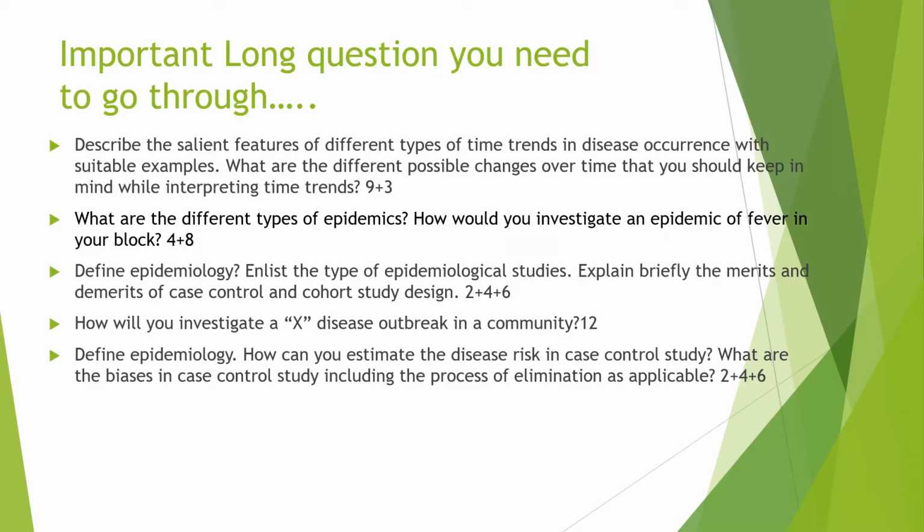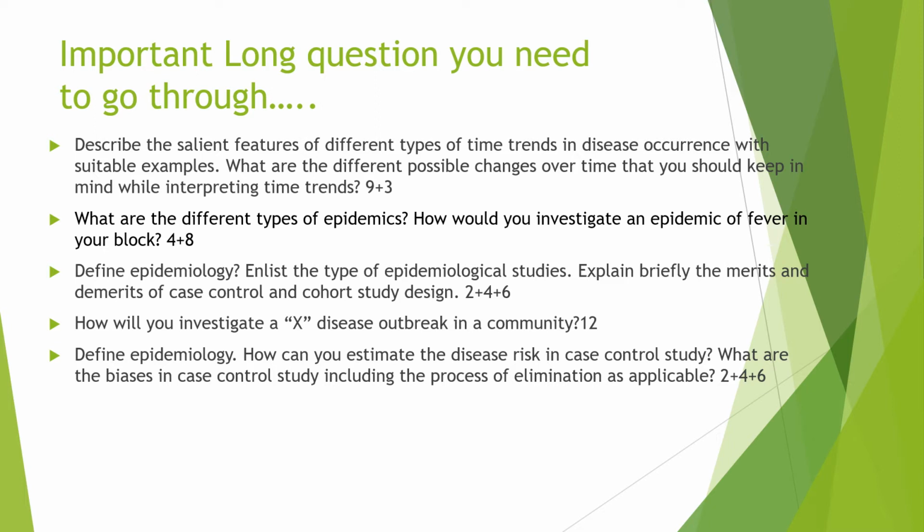So let's get into the question answer mode. One of the most important long questions you need to know is about the time trends in disease occurrence, which you should know with suitable examples, and how to interpret this. Then, of course, the different types of epidemics and investigation of an epidemic.